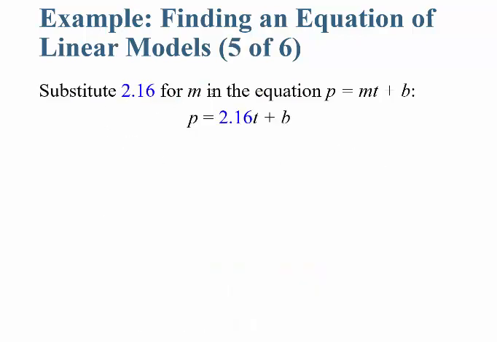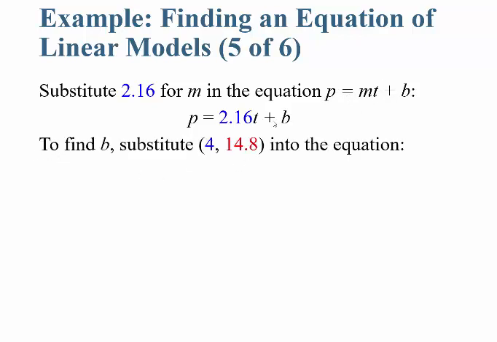Substitute 2.16 in for m into the equation y equals mx plus b, where we're calling y p and we're calling x t. I've got to find the intercept, so I'm going to pick one of the points. I'll pick the first one, 4 and 14.8, and substitute them into the equation.